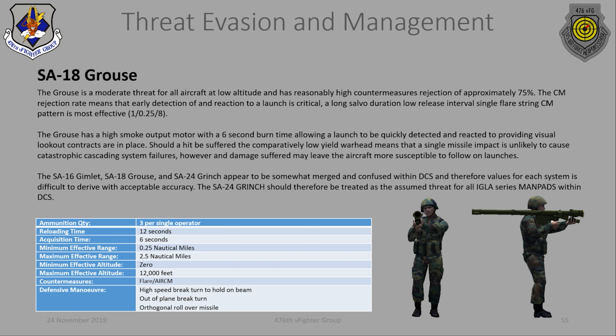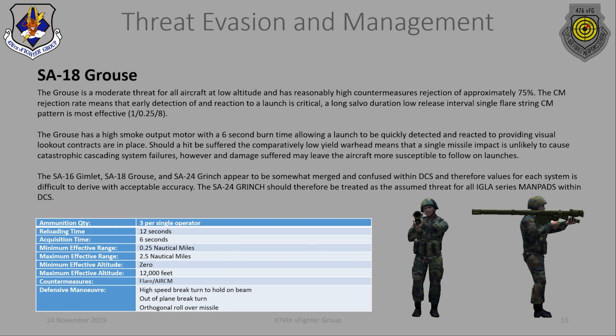Okay, the SA-18. One of the things I think most of us are most familiar with. Again, quite similar in performance to the Stinger. Again, very susceptible to infrared countermeasures, both flares and active IR countermeasures. Same defensive techniques. The only caveat really is the bit of ambiguity in DCS.